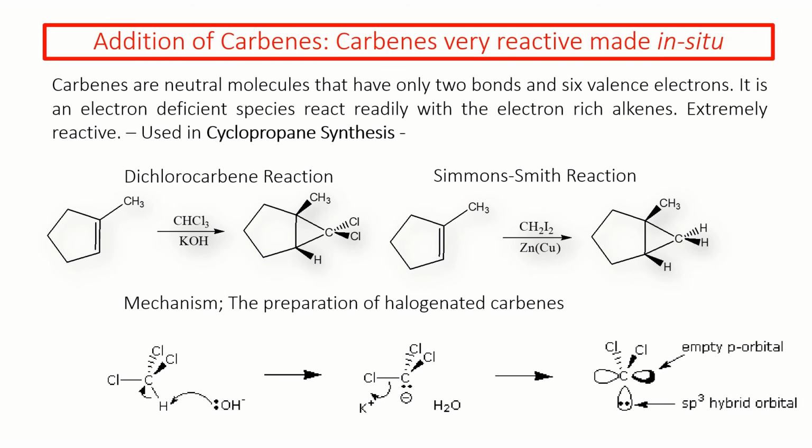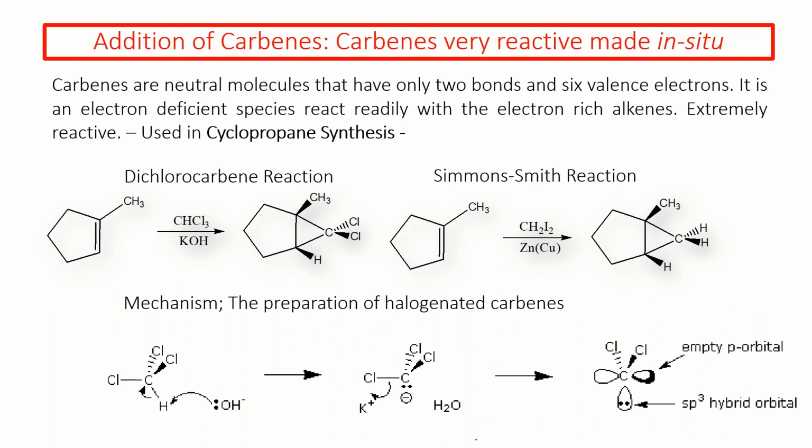Other reactions that we can think of are the addition of this carbon dihalide in this carbene reaction. So we add chloroform with KOH, so it's basic chloroform, and we end up with this rather strained cyclopropane ring with two halides on it.